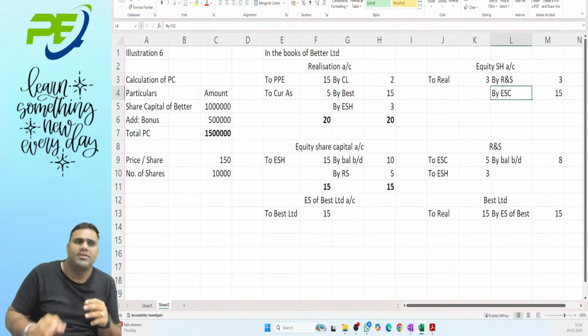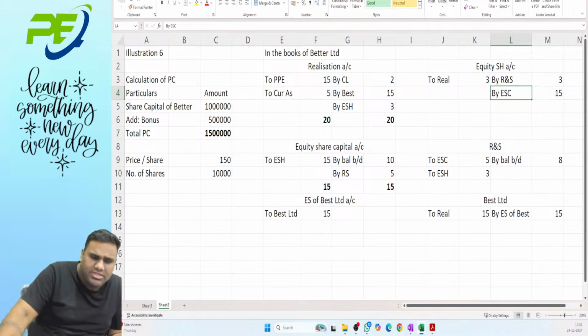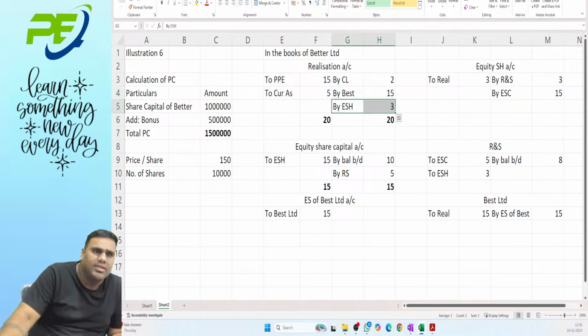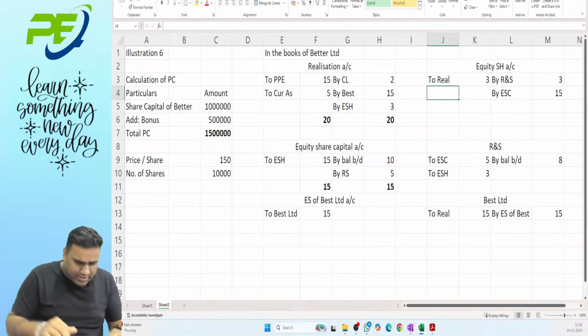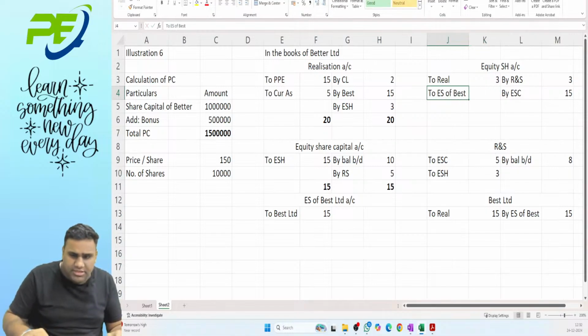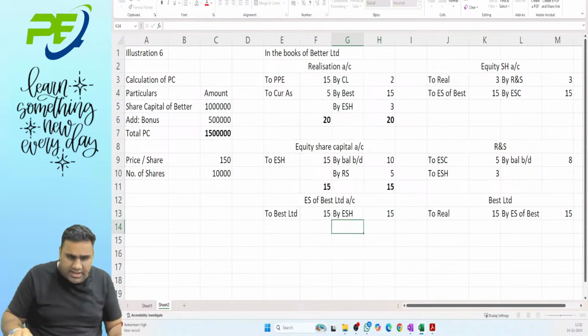Next entry. That we have already passed. 3 rupees is that only. Next, Tanish. Very good. Equity shareholder to equity shares of Best Limited 15, and here 2 by equity shareholder 15.